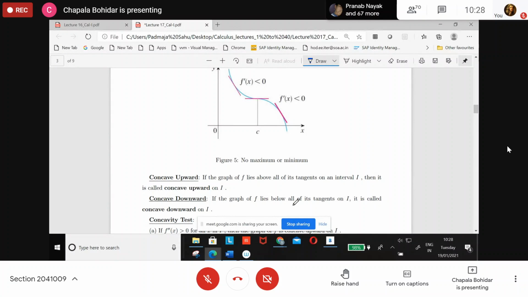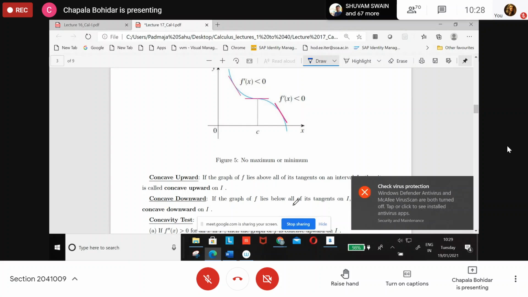So you can find the local minimum value and local maximum value. The local minimum value is f of -1, how much is it here? 0. And f of 2, how much? -27.